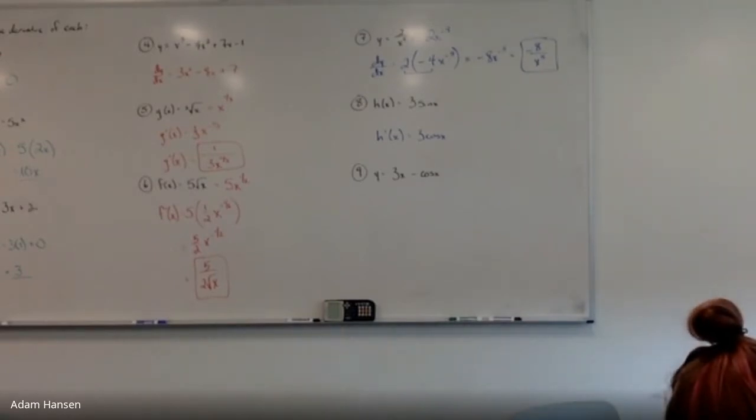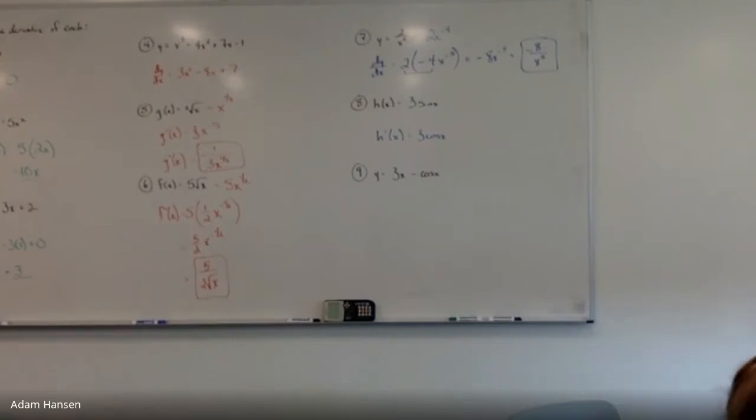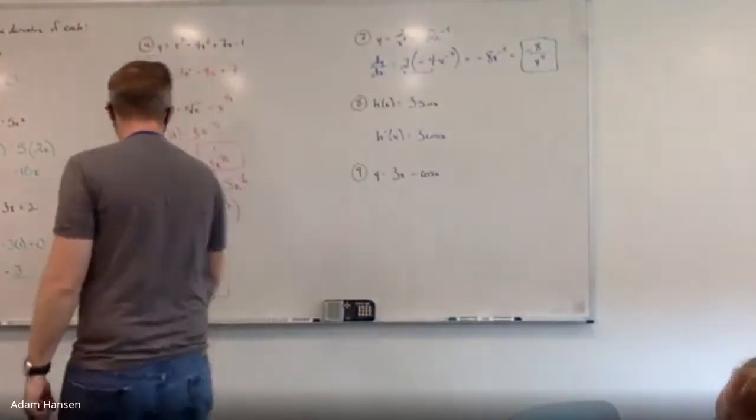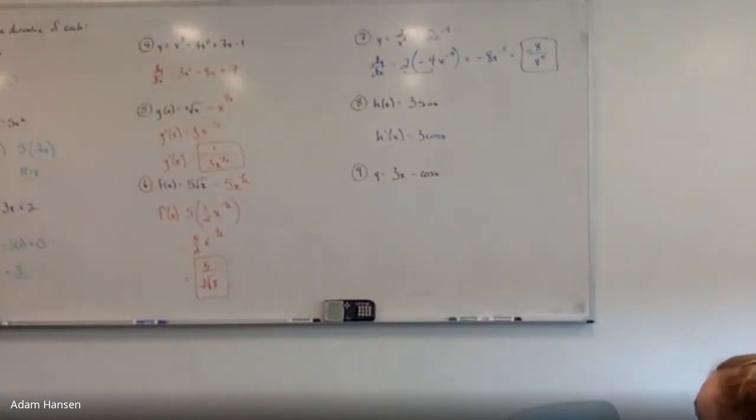One should be pretty easy. The second one might take a little bit of thought, but maybe not too hard, hopefully. Take the derivative of each term, put it together for your final answer. Give you an idea.